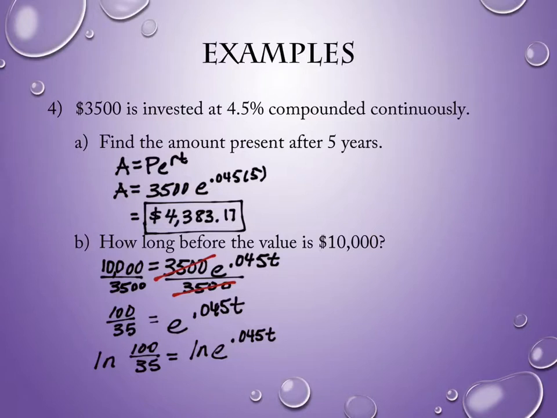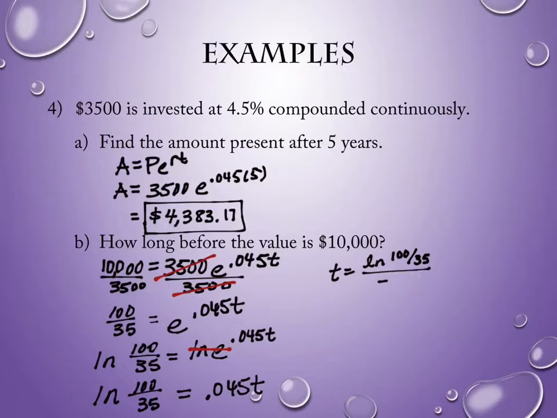Now, natural log of e cancels, so I'm left with 0.045t. So natural log 100 over 35 equals 0.045t. And if I divide by the 0.045, then t equals natural log 100 over 35 divided by 0.045. Okay, I think I got it transposed right.